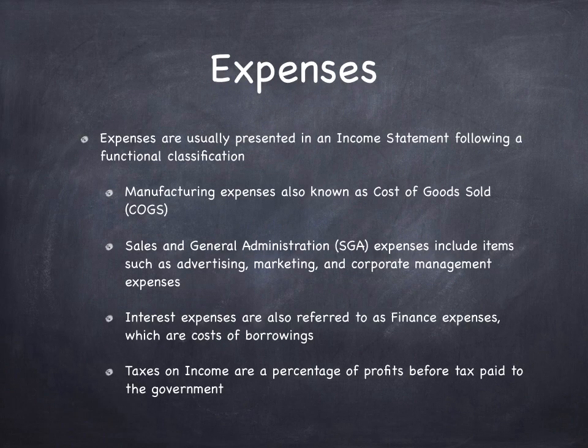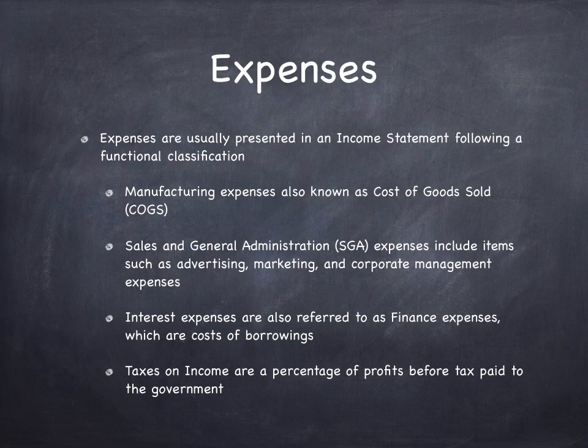Expenses are presented in the income statement following a functional classification. So, manufacturing expenses, also known as cost of goods sold, is the first and usually a big part of the expenses. The selling and general administrative expenses include items such as advertising, marketing, and corporate management expenses.